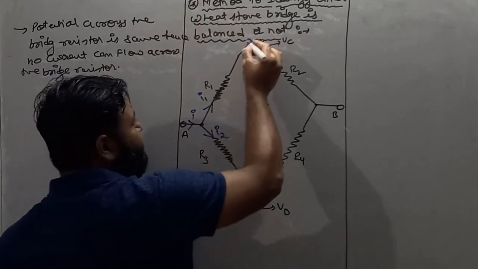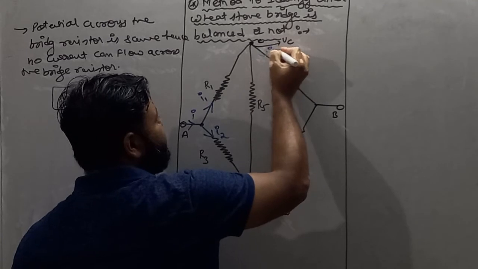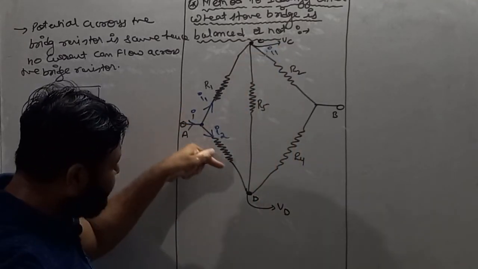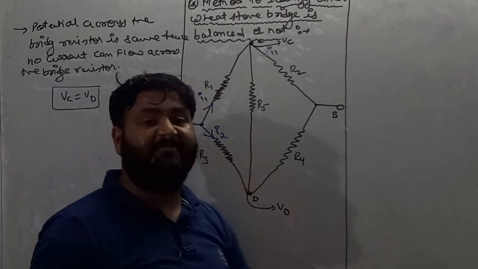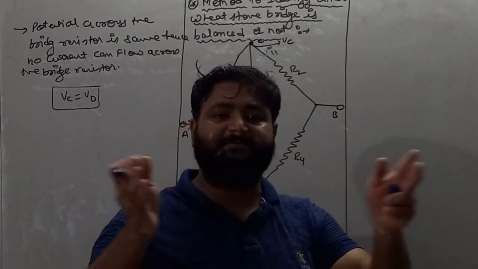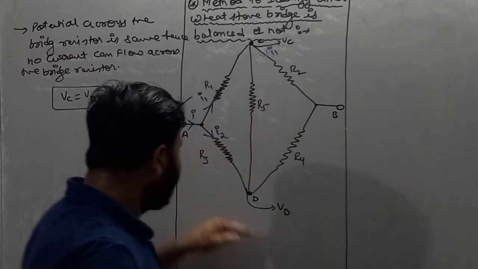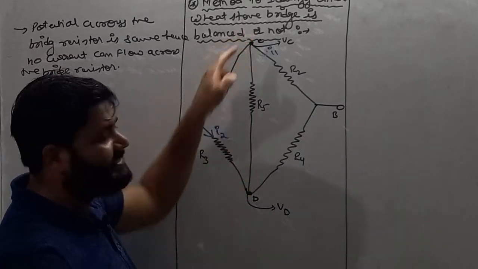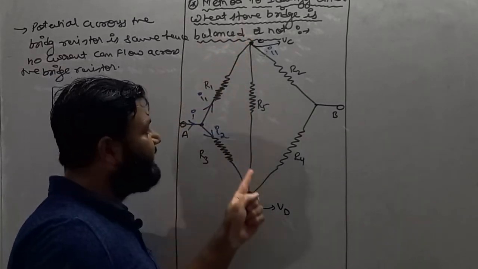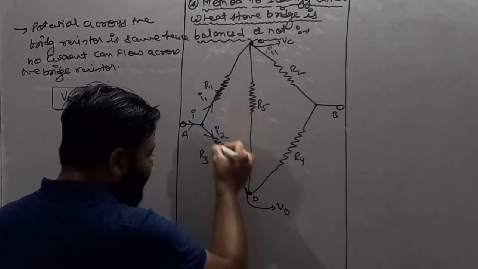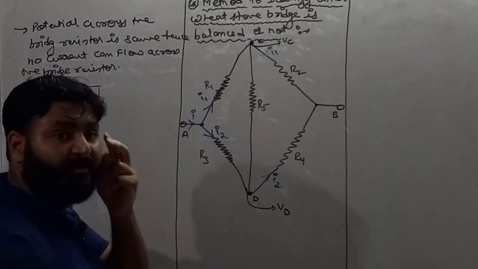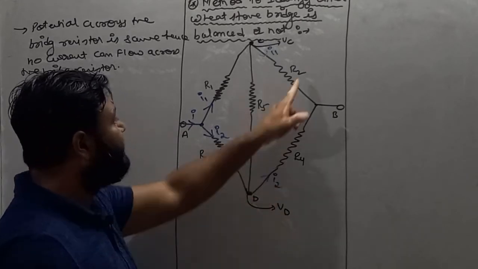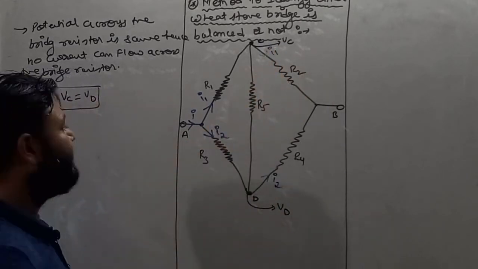So this I1 moves in this direction. Similarly, now I2 is moving down. Again I2 finds a junction, but since the potential across the bridge resistor is the same, current cannot flow in R5. So this I2 current moves forward, and now R4 receives I2 current and R2 receives, dear student, I1 current.